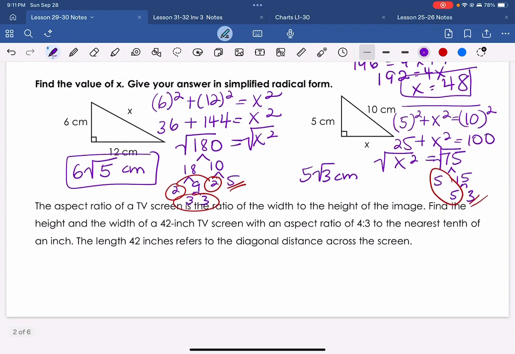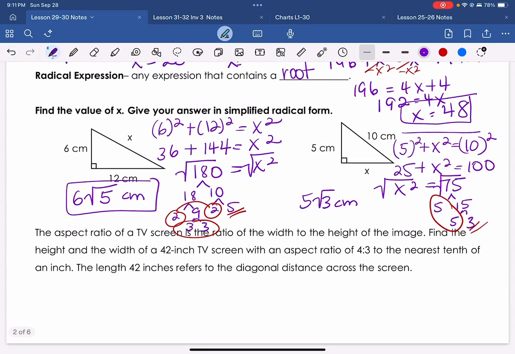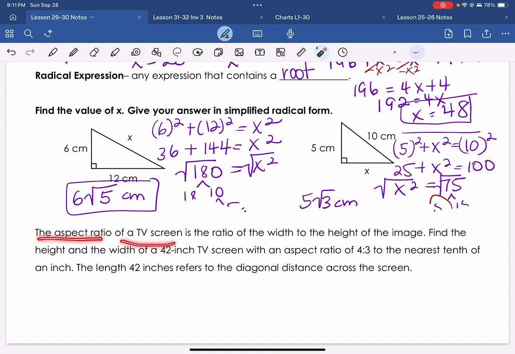How'd you do? All right, last one's a word problem. And it says, the aspect ratio of a TV screen is the ratio of the width to the height of the image.